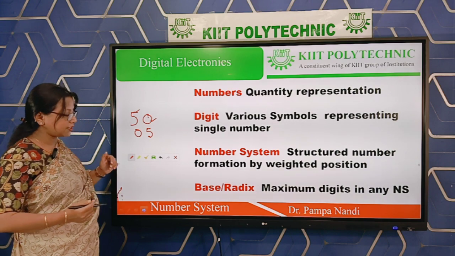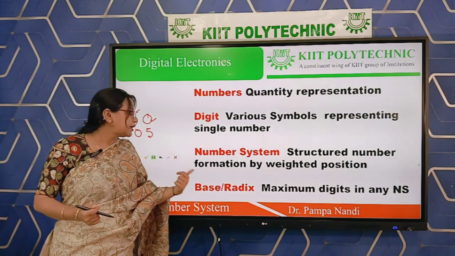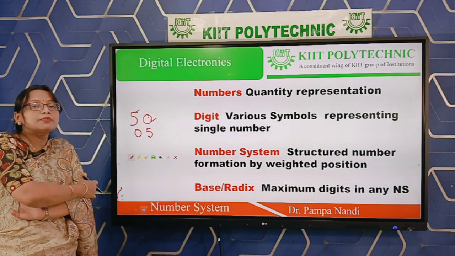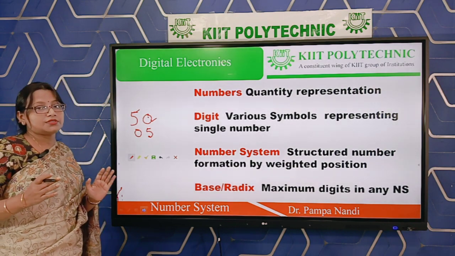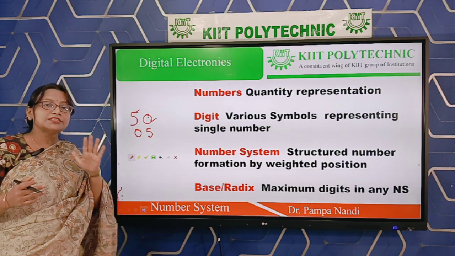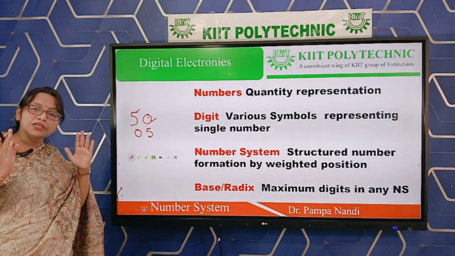Before going into detail, I am going to tell about another main thing, that is base or radix. What is the meaning of base or radix? In any number system, there are digits, and the number of digits is limited.